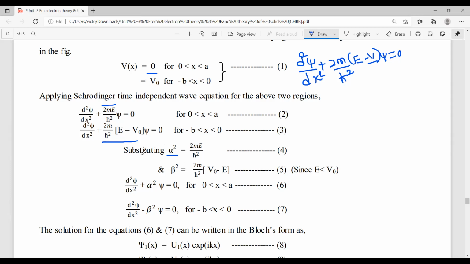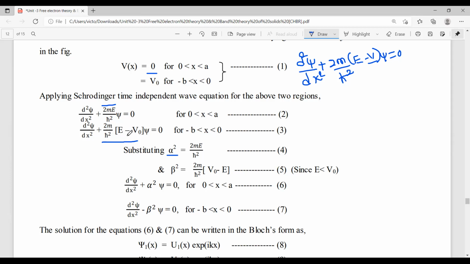In a similar manner, this is taken as beta square. Now this expression changes to d square xi divided by dx square. Here we actually have E minus V naught, but we consider beta square as V naught minus E. For the balancing, we select the minus here.